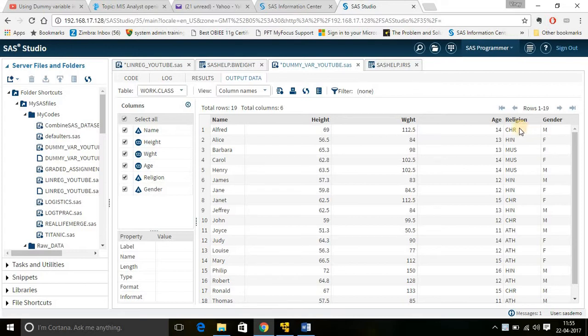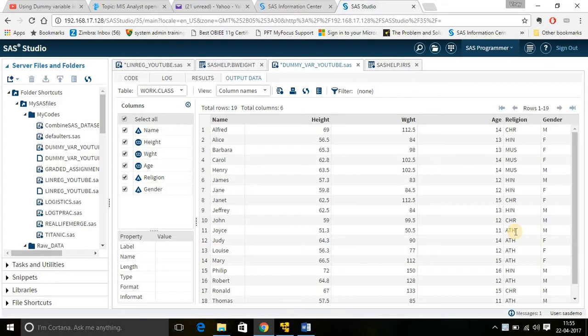Now in this case there are four categories: Christian, Hindu, Muslim and atheist. So how do we convert this? Either we can do 1, 2, 3, 4: 1 for Christian, 2 for Hindu, 3 for Muslim, 4 for atheist.